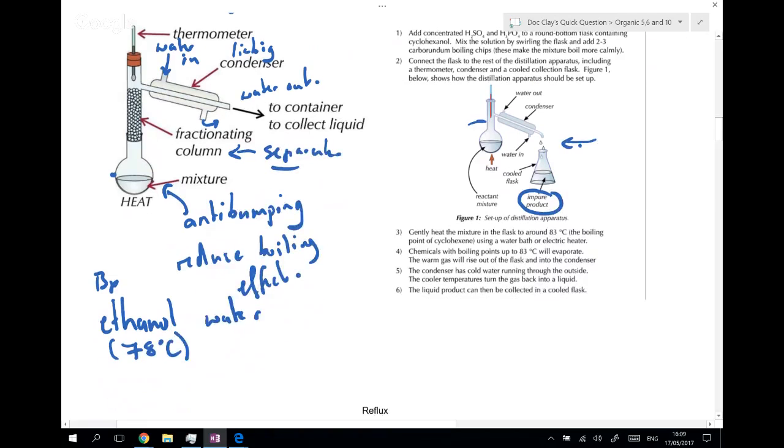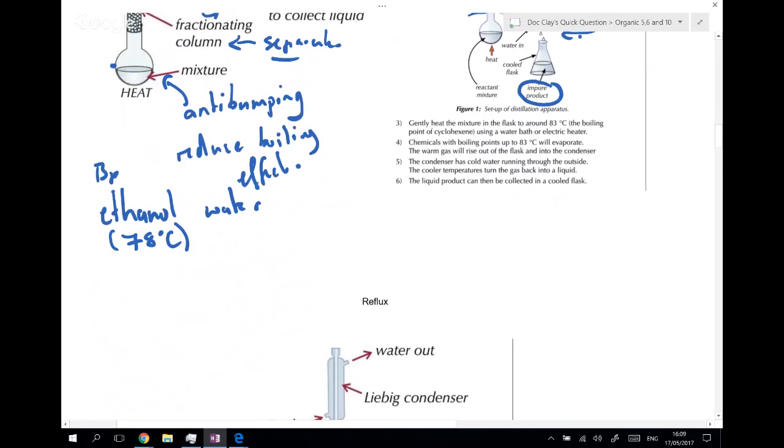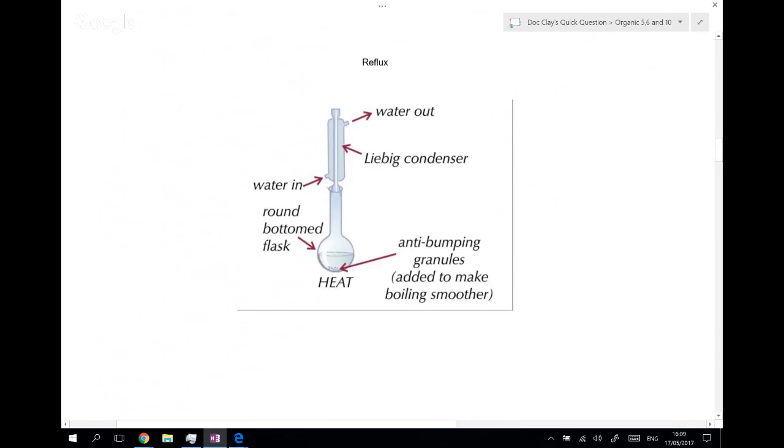The other way, and I'm going to include this really because they often ask about reflux and distillation. Although the required practical is for distillation, there's no reason why you wouldn't know about reflux at the same time. Reflux is exactly the same sort of thing as distillation, apart from rather than having the condenser horizontal to your reaction mixture, you have it vertical, so it's going straight up.